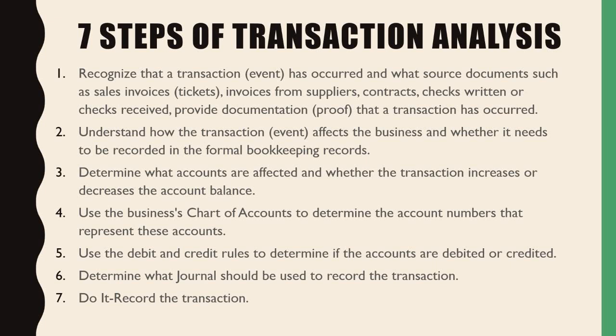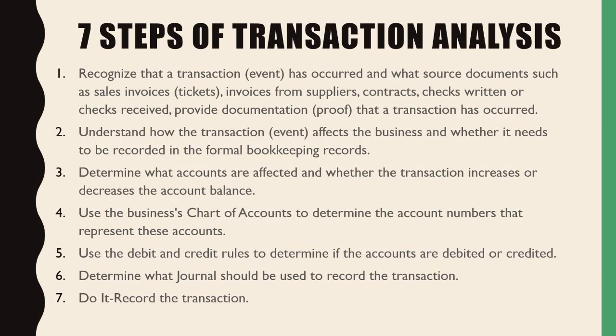That source document could be anything like a receipt, an invoice, a contract, anything that gives you proof of a transaction, and you need to be able to recognize that a transaction has even occurred. Receipts, invoices, contracts, all of those are considered source documents, and they are proof of a transaction.